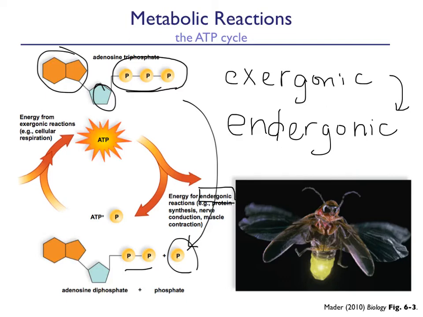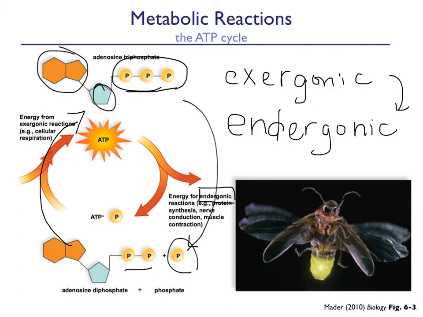And when it does that, it goes from ATP to ADP. ADP has to then be rebuilt in the cell, okay, to make more ATP, to continue to drive more reactions. So to go from ADP to ATP is an endergonic reaction.